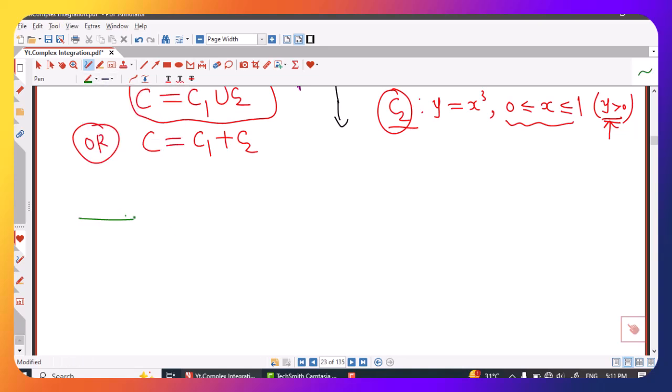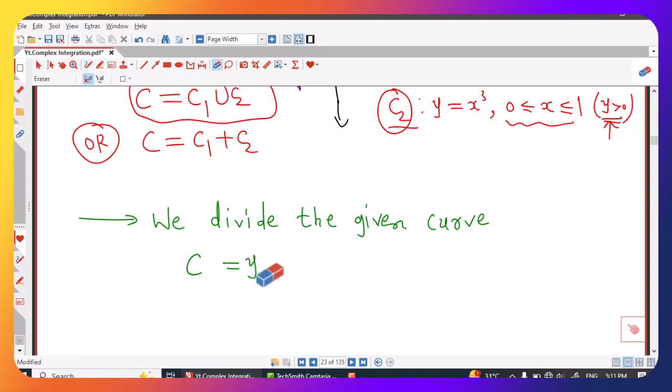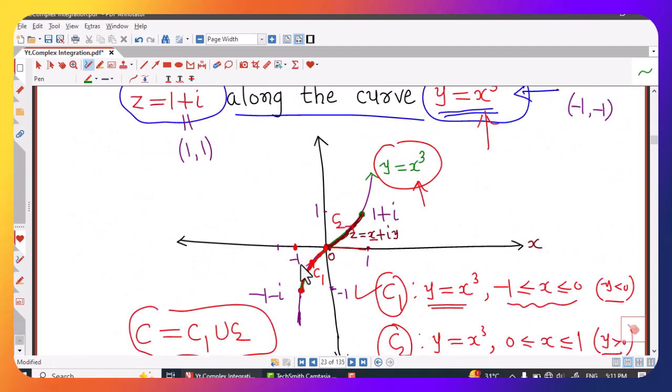First we have to mention that we divide the given curve C, which we write as y equal to x cube, and for this we have x between -1 and 1. For the whole curve, x is from -1 to 1.